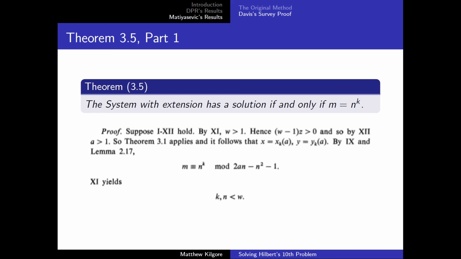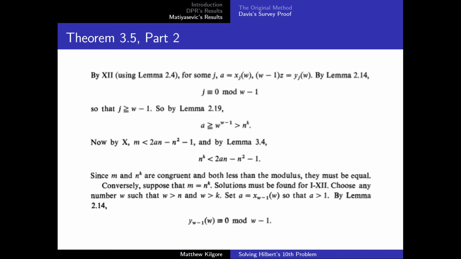11 yields kn less than w. Thus, using 12 and lemma 2.4, for some j, a equals x_j of w minus 1, and w minus 1 times z equals y_j of w.